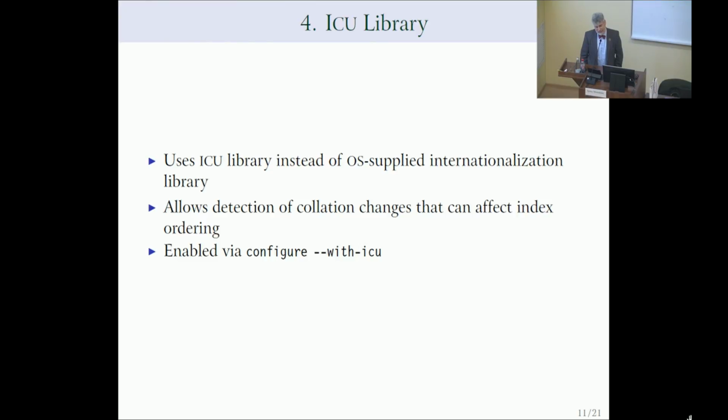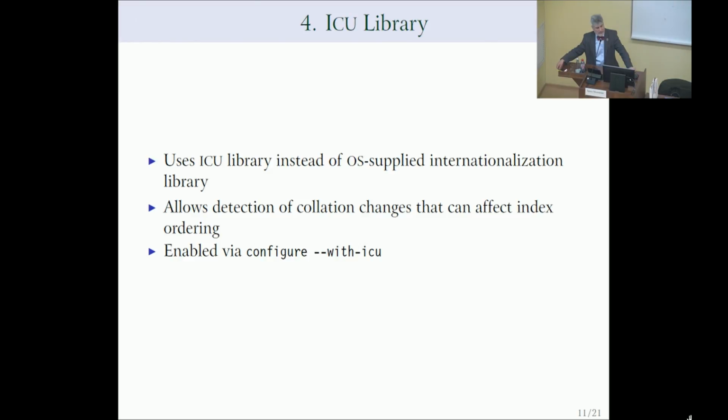Another sort of odd item, I think, is how Postgres does collation, localization. Postgres has always used the operating system library, typically glibc in Linux. On Windows, it uses the native Windows collation.